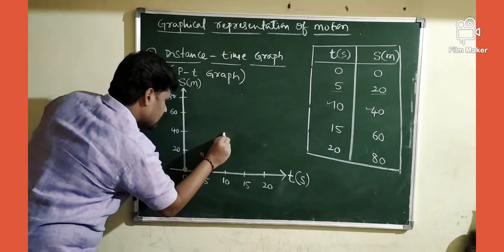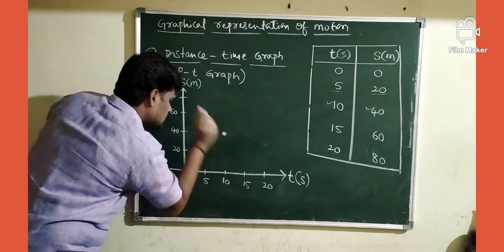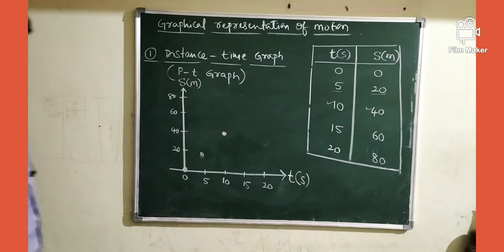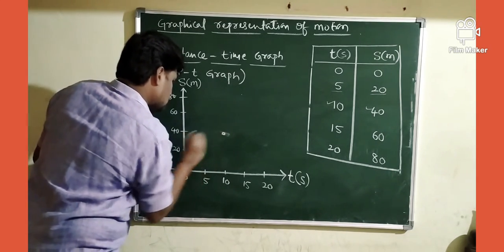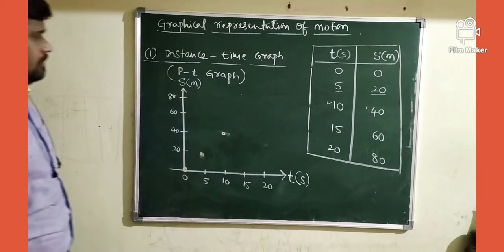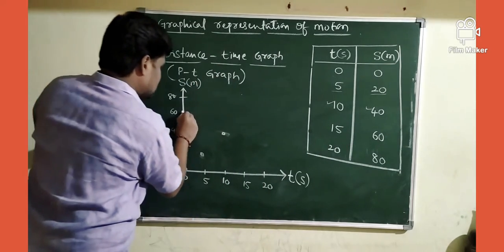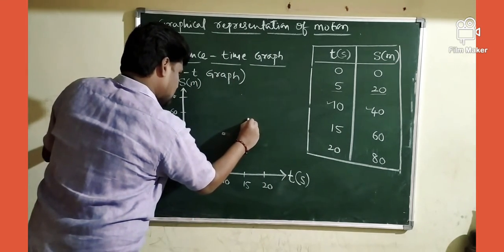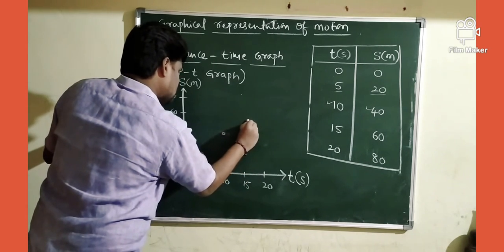The point comes somewhere here. This is the next point. Then, when the time is 15 seconds, the distance travelled is 60.